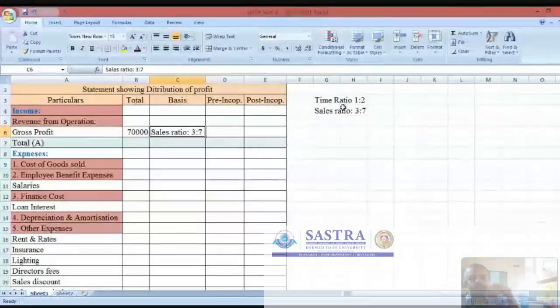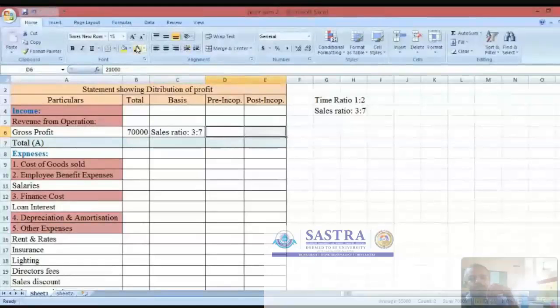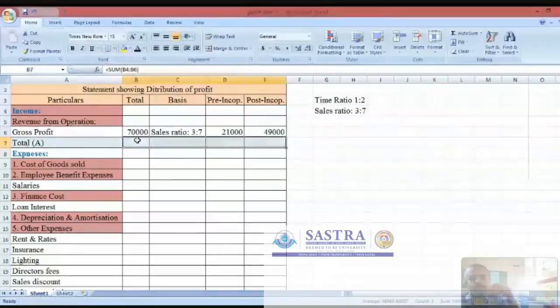Pre-incorporation is 21,000 and post-incorporation is 49,000. There is no other income in this sum, only gross profit, so that is the total of A.